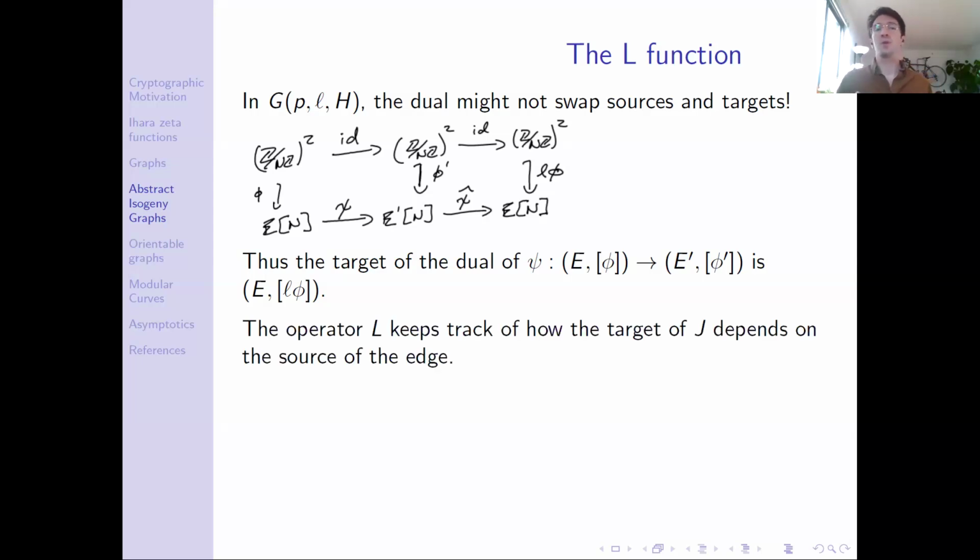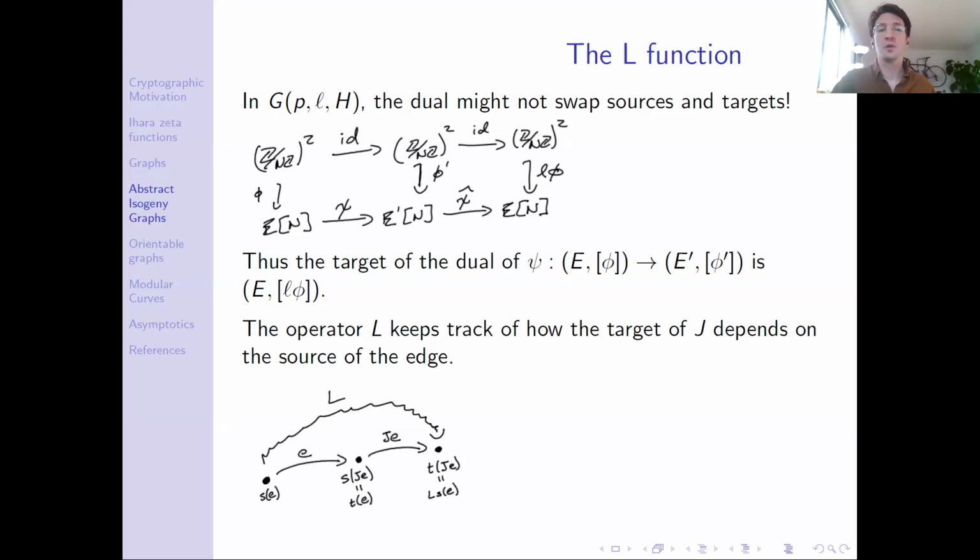So the point of this operator L that acts on the vertices is to keep track of how the target of the dual depends on the source, right? Because we can see in this case that for any edge out of (E, phi), the dual of that edge will always land at (E, L phi). So the target of where the dual lands only depends on the source of the edge, and not on any other information.